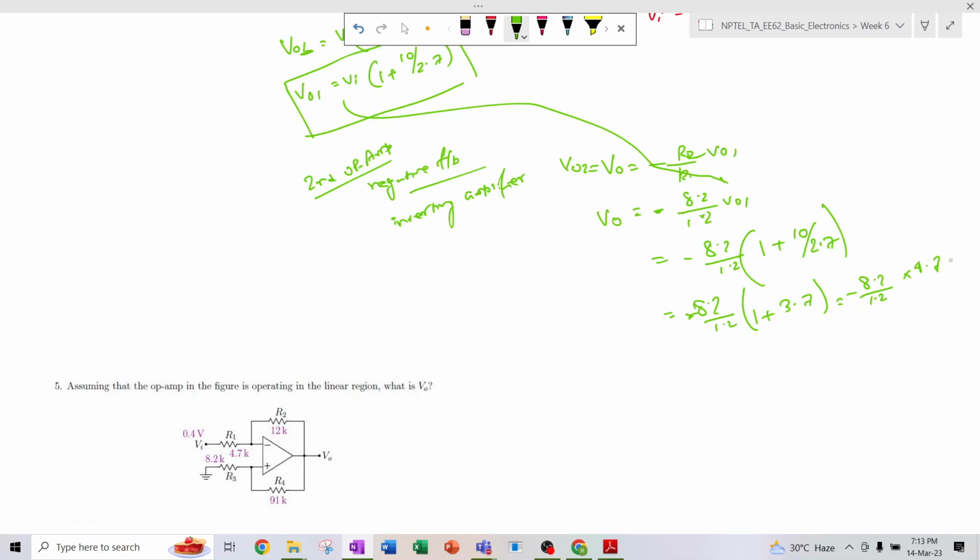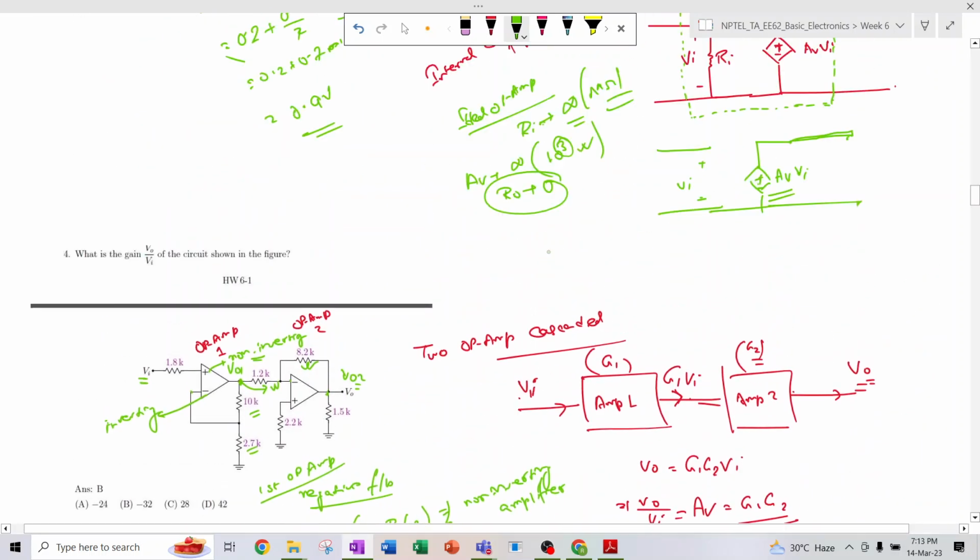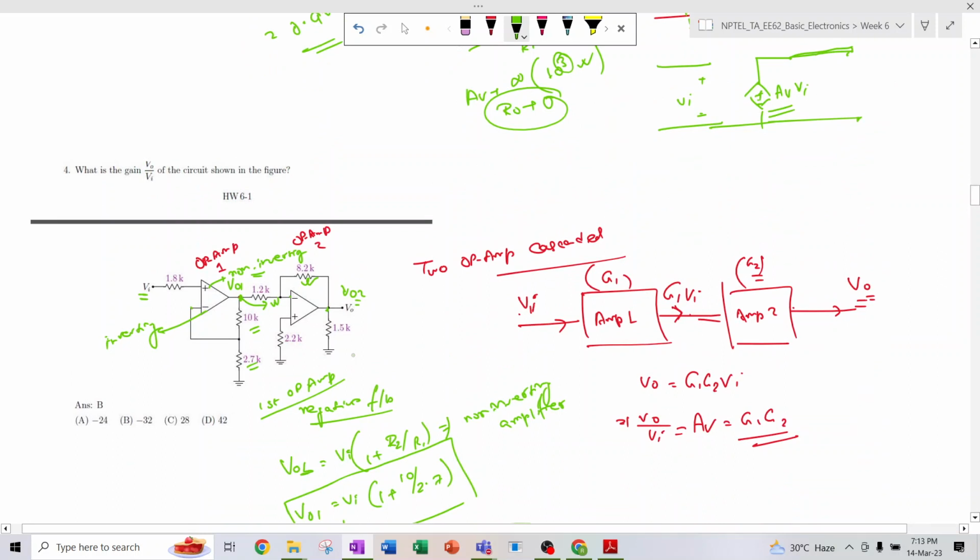So this is minus 32.116. This is the overall gain. So here the correct option will be option B, that is minus 30.